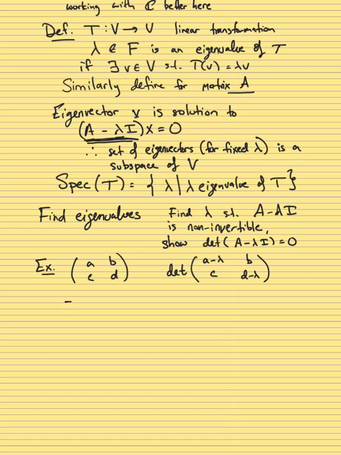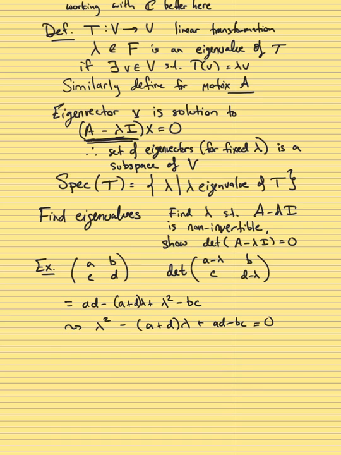This is just AD minus (A plus D) lambda plus lambda squared minus BC. So we get lambda squared minus (A plus D) lambda plus AD minus BC, and we're setting this equal to 0 and solving for lambda.